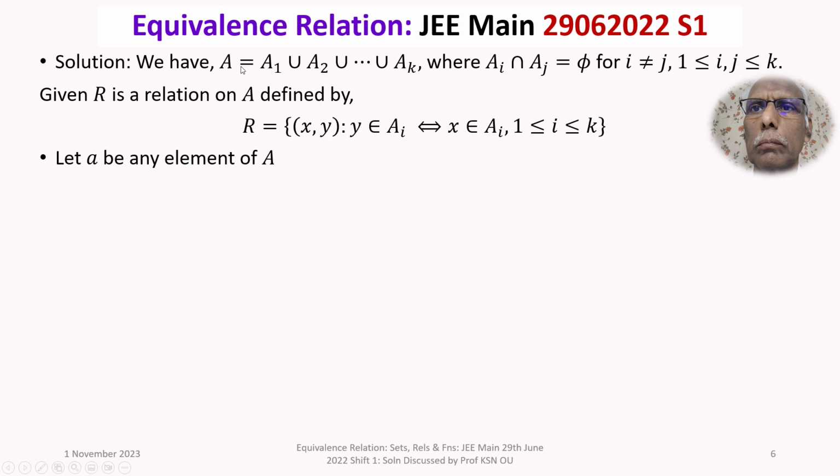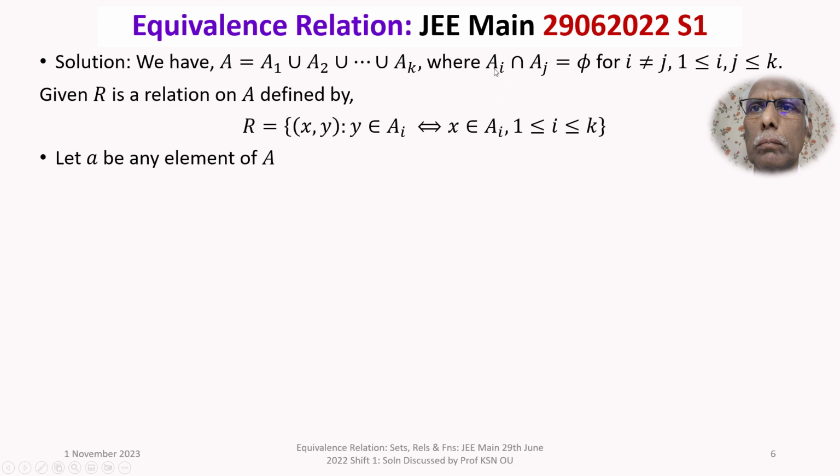Let us consider an arbitrarily chosen point a. a is any element of A. So a is an element of A means a belongs to the union A1 union A2 union AK. Now a belongs to one of them. Maybe it may belong to more than one set also. Let us say a belongs to A1 and a belongs to A2. Then a belongs to A1 intersection A2.